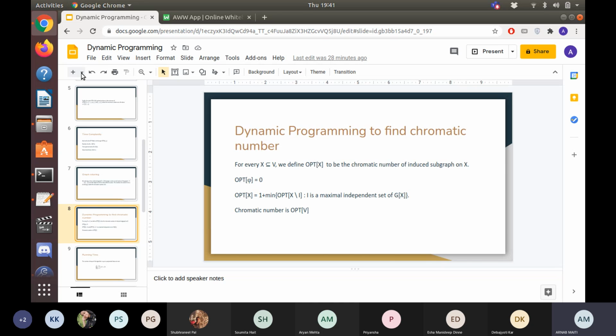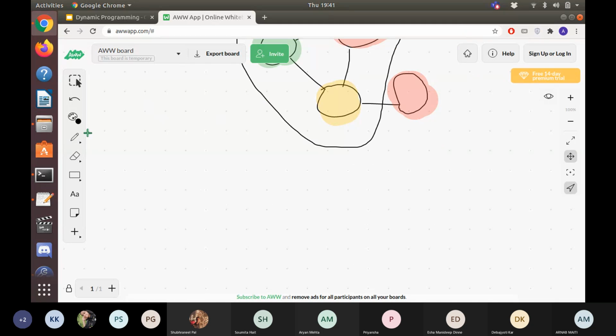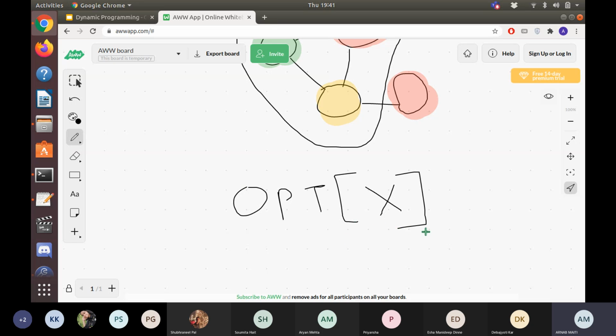So we have OPT(X). What does OPT(X) mean?